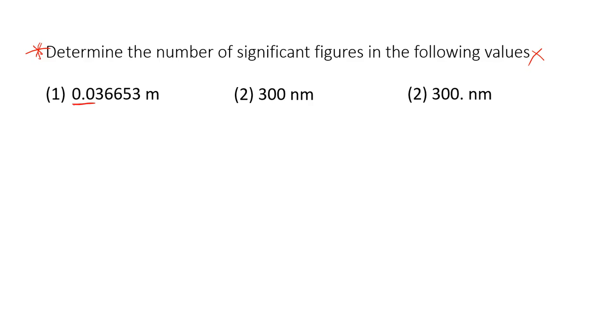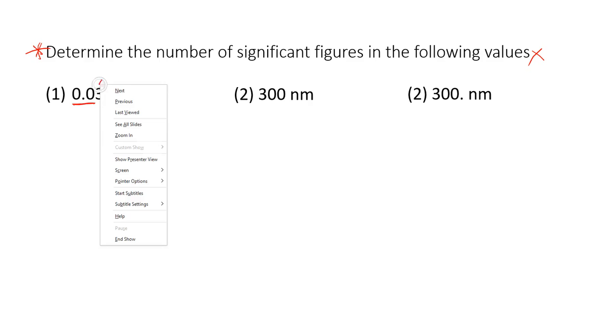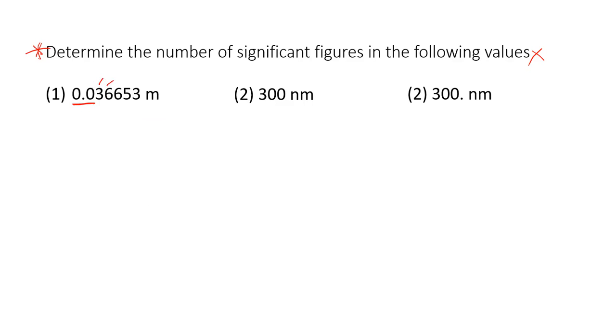So these zeros are not significant. So only the numbers 1, 2, 3, 4, 5. So 5 digits are significant. So this value has 5 significant figures. So I'll just say 5SF, SF standing for significant figures.